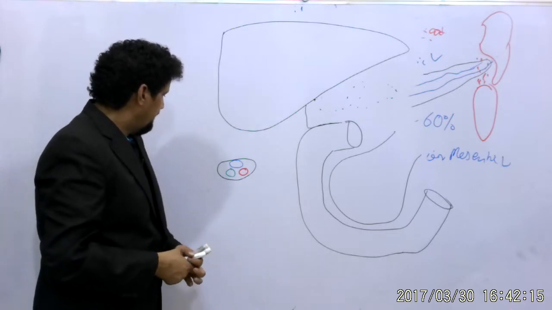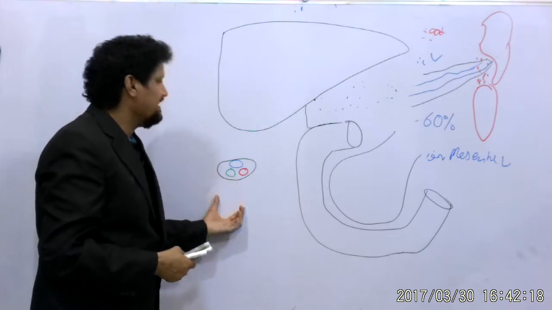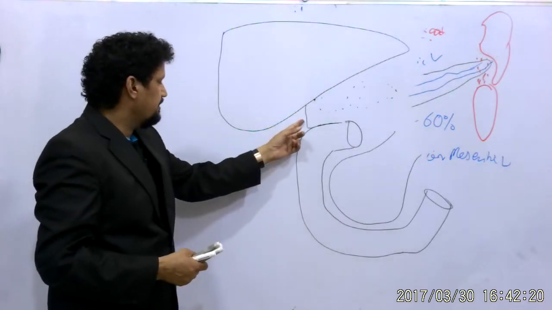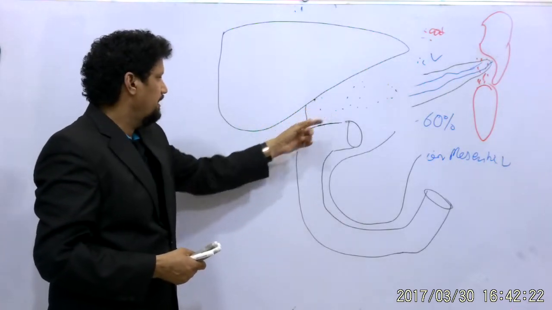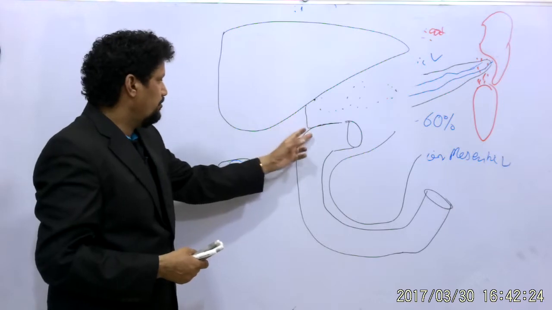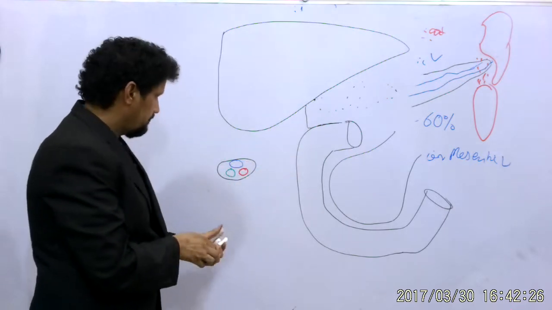And these all are ascending in the free margin of the lesser omentum in the hepatoduodenal ligament.